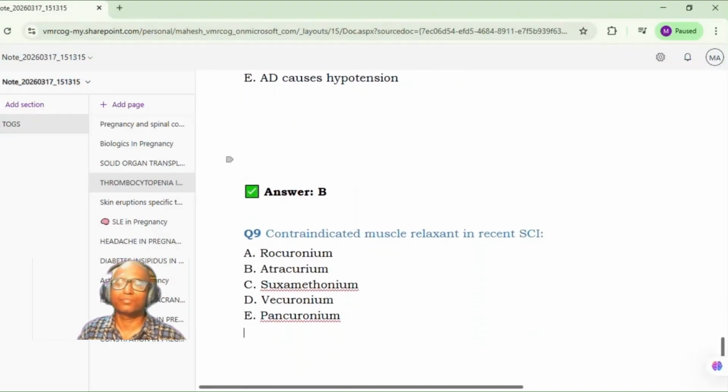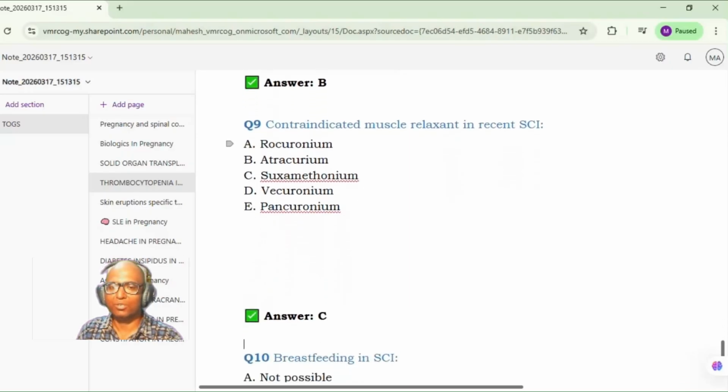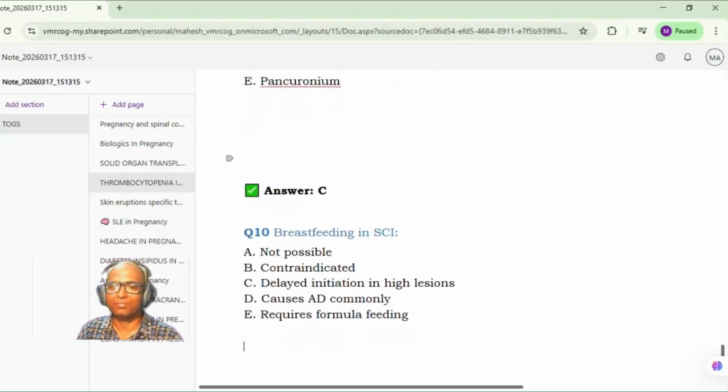Next. Contraindicated muscle relaxant in recent spinal cord injury: A. Rocuronium, atracurium, suxamethonium, vecuronium, pancuronium. It is C, suxamethonium. Yes. It is contraindicated. Next.